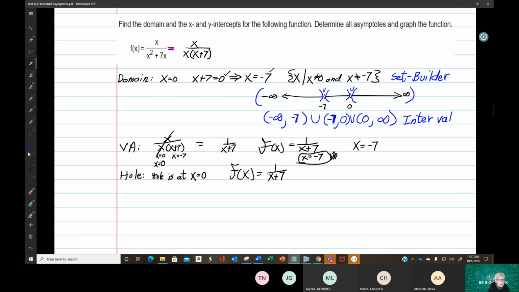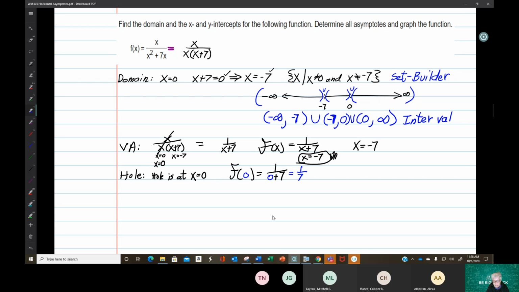So I'll take the x out, and I will put in a different color 0. How about that? So that will give me f of 0 equals 1/7.